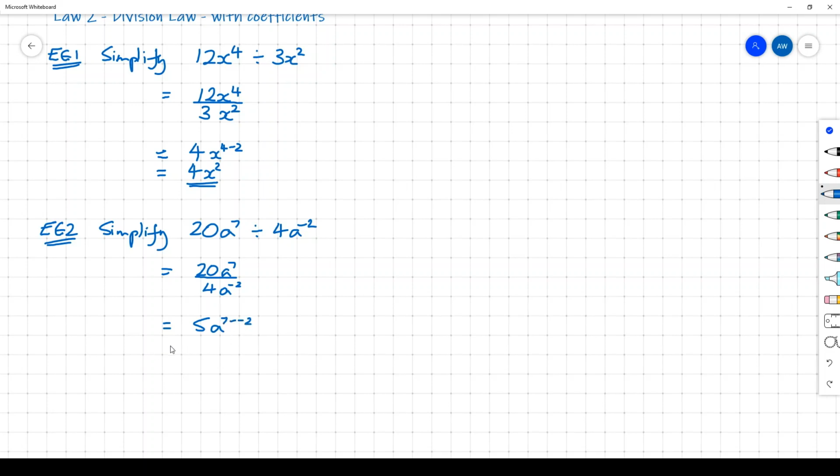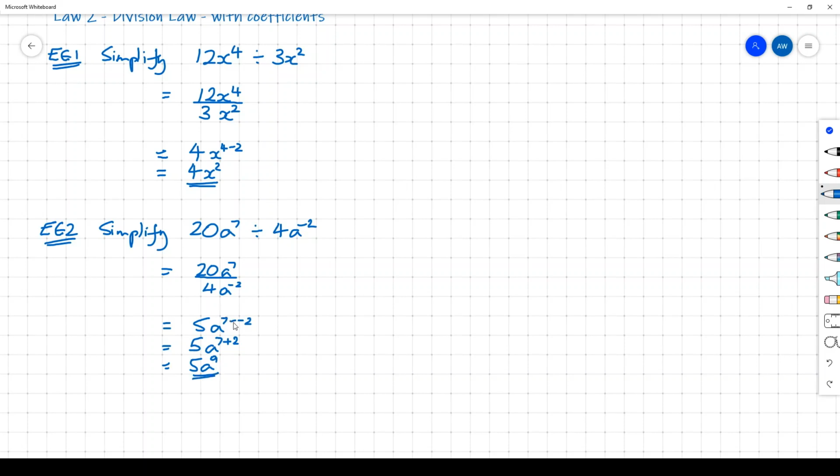Now remember what we did with that when we used our division law, and we had similar powers. Then subtracting a negative is the same as adding. So this becomes this, and then of course this becomes this. So 5a to the power 9.